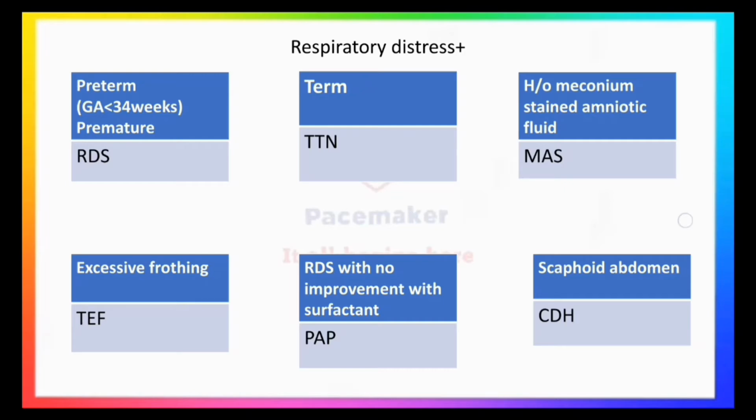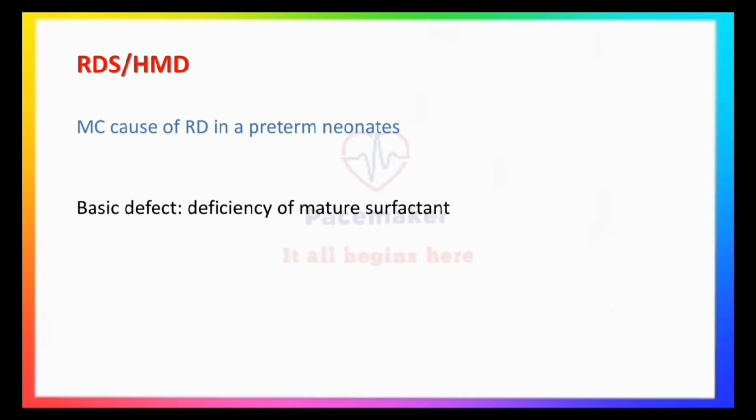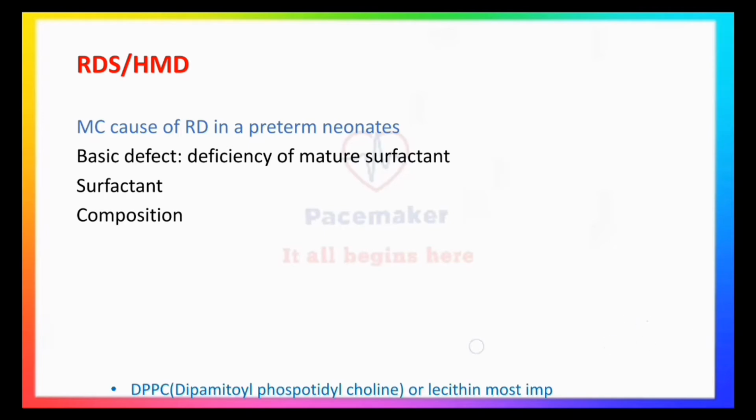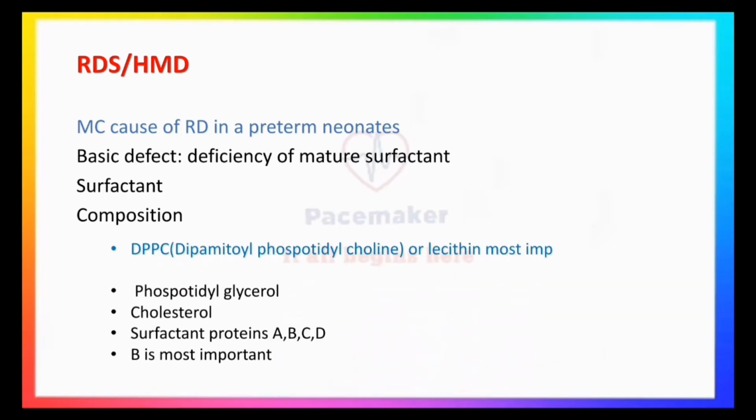Let us begin with respiratory distress syndrome. Respiratory distress syndrome is the most common cause of respiratory distress in preterm neonates. Here the basic defect is a deficiency of mature surfactant. So what is this mature surfactant? What is it composed of? It is composed of DPPC, a very important component of surfactant, that is dipalmitoyl phosphatidylcholine, or simply called lecithin.